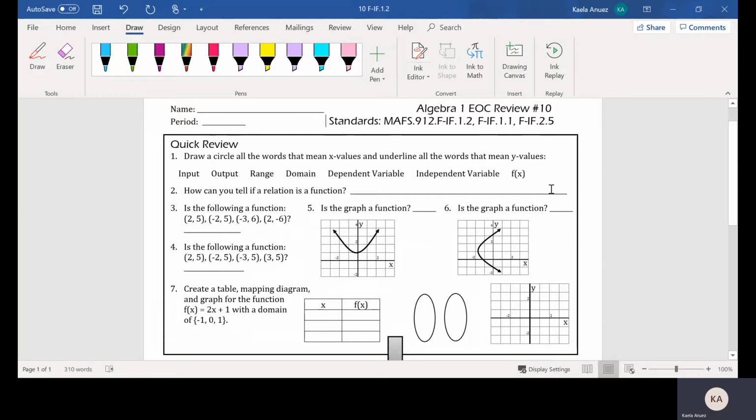Number 1 says draw a circle around all the words that mean X values and underline all the words that mean Y values.